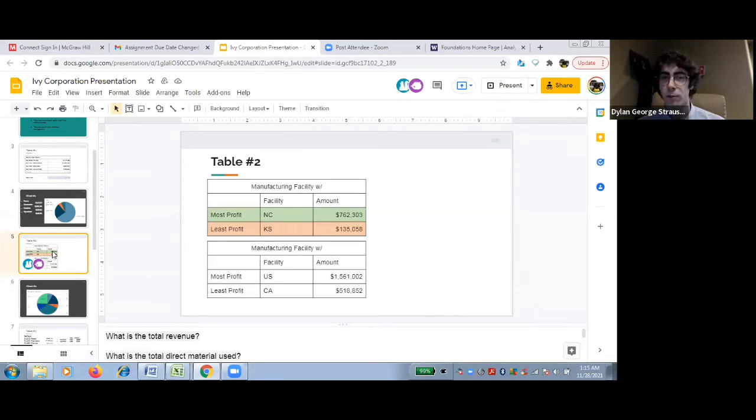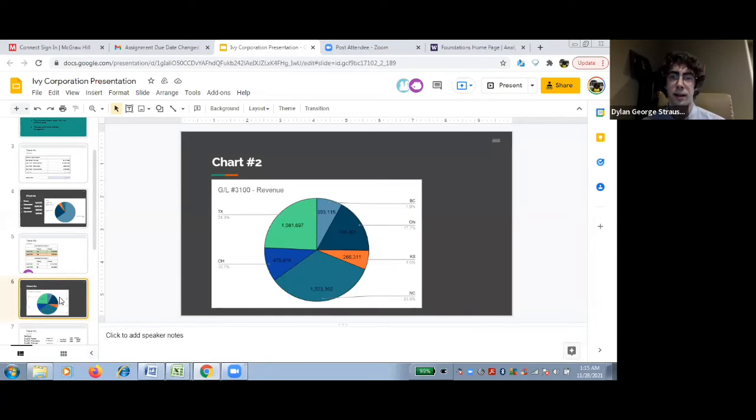The most profitable country was the US, making a total of $1,506,002. The least profitable country being Canada, with $518,852.